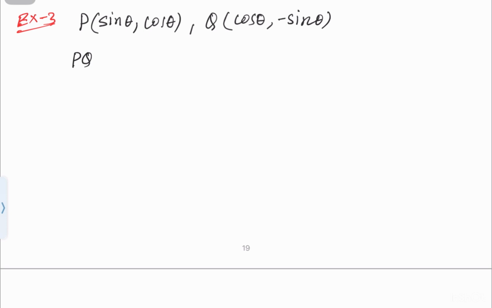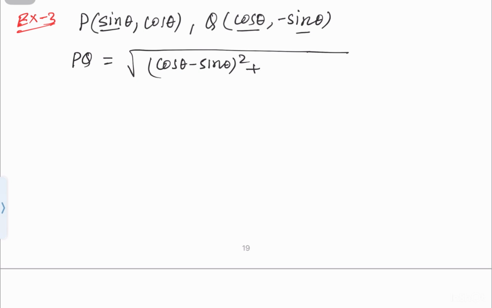So try to apply the formula, x2 minus x1 square, that means cos theta minus sine theta square, plus y2 minus y1 square, that means minus sine theta minus cos theta square. Clear?